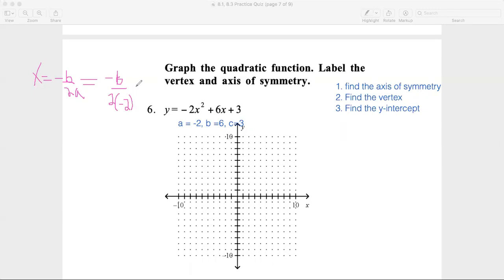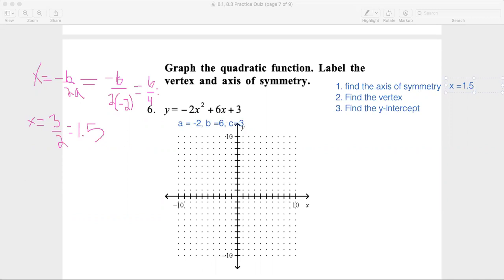So I see 2 negatives, so that's going to make it a positive 6 over 4, which is 3 over 2. So your line of symmetry is x equals 3 over 2. That's also 1.5. Go ahead and make it 1.5. It's a nice terminating decimal, so I don't see a problem with that. So your line of symmetry is at x equals 1.5.